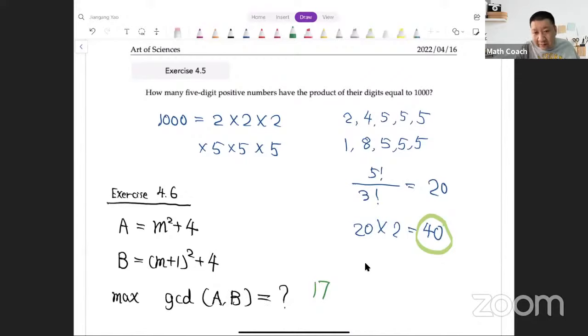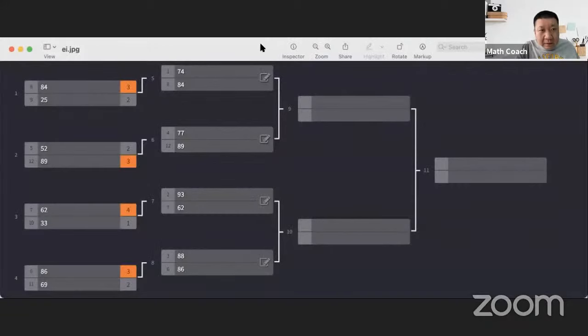Okay, so here is the situation. The next round would be 74 versus 84, and then 77 versus 89, and 62 versus 93, and 86 versus 88.